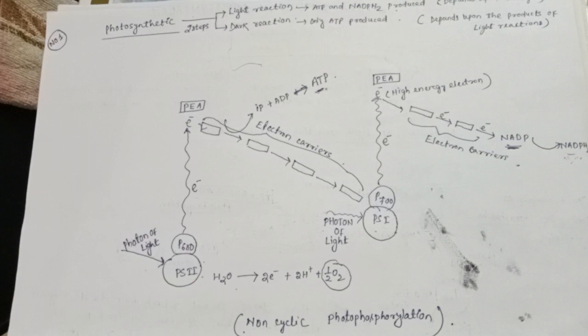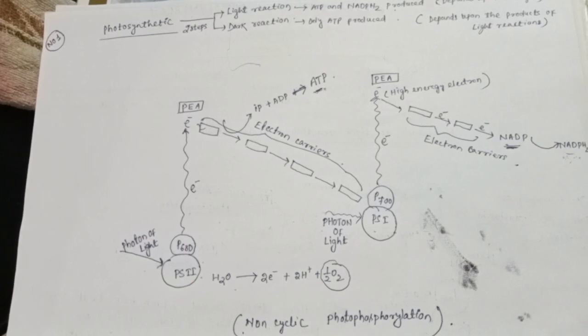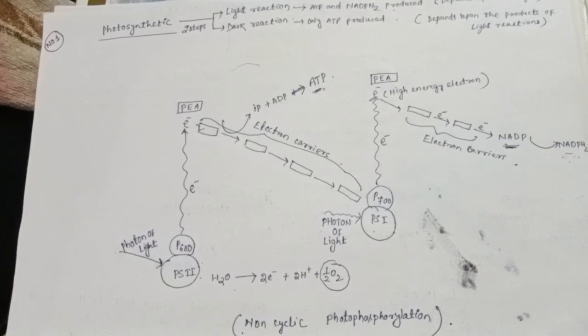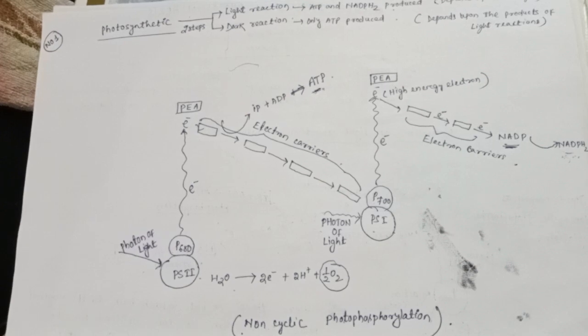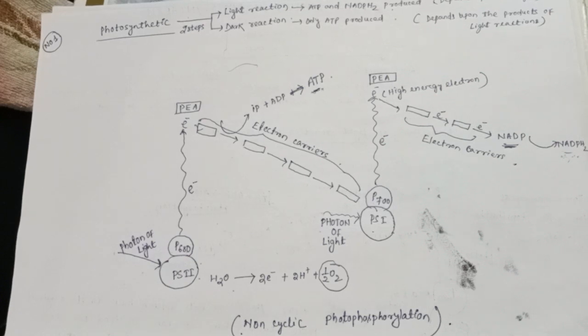Whenever the high energy electron is passed from one electron carrier to another, it loses some of its energy to become stable, and this energy is used for the addition of inorganic phosphate to ADP to make ATP. So during the flow of electrons, phosphorylation takes place.